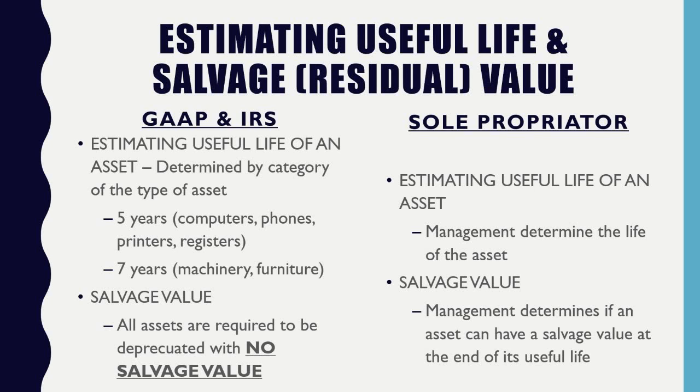Now, little did you know, every machine or any type of asset that you purchase, if you look on the box, it will give you the estimated useful life on it. Some people don't know that. It does say it because now it is a federal law that they must disclose how long this asset should last you.